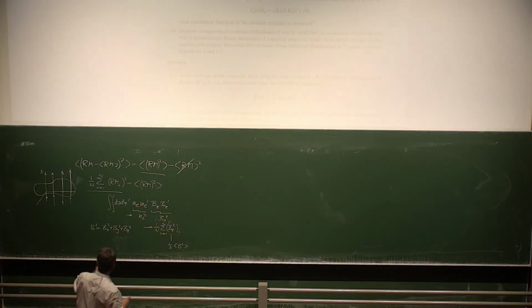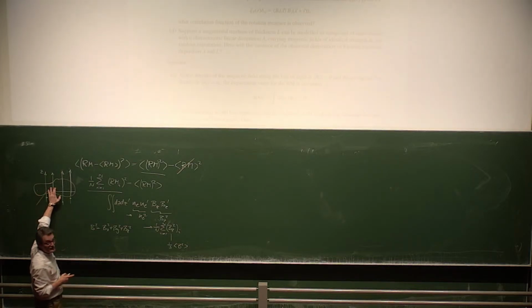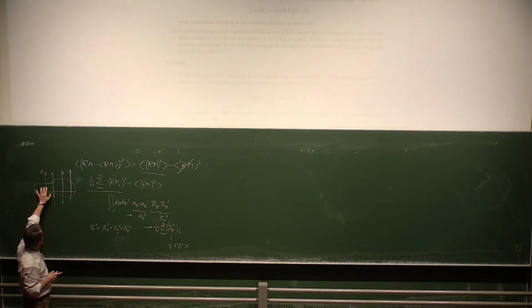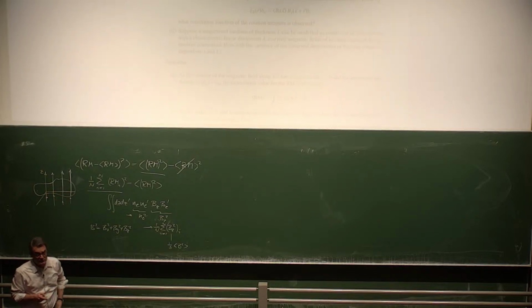So we are not taking rotation measure here times rotation measure there, but we are taking the square here, the square here, the square here, and so on. The average is not with respect to the line of sight, but with respect to the whole system.